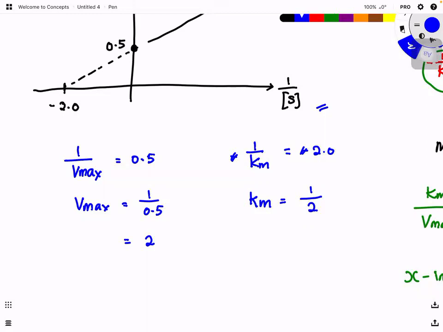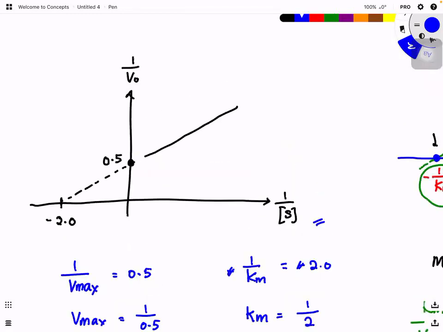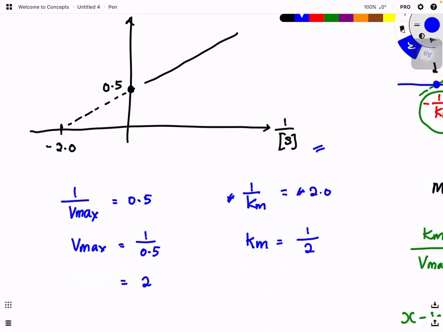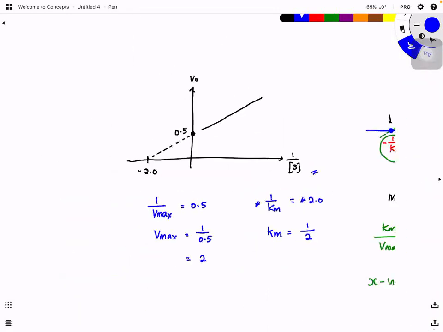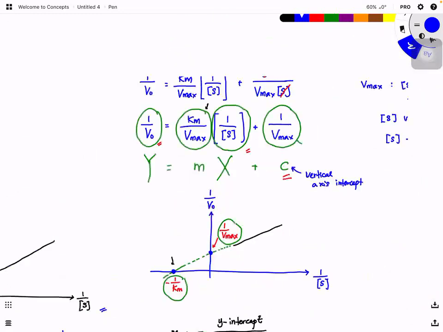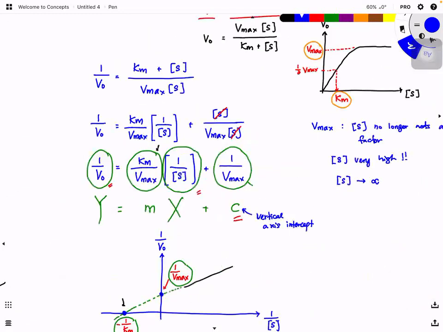So what is the unit? The rate of reaction is mole per second. How many moles of product form per second? Are you clear? So this is how we get the value. You can copy down. So that is the first part, how I derive it.